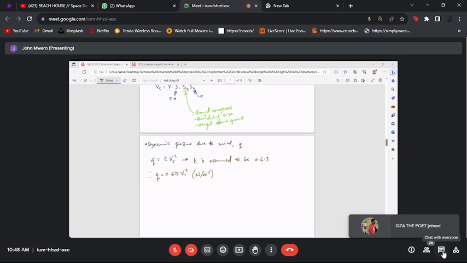So then we go ahead and read off the values from this table that we were looking at.